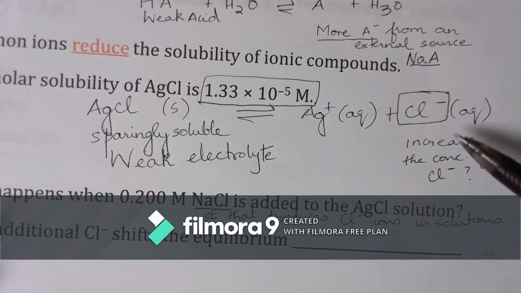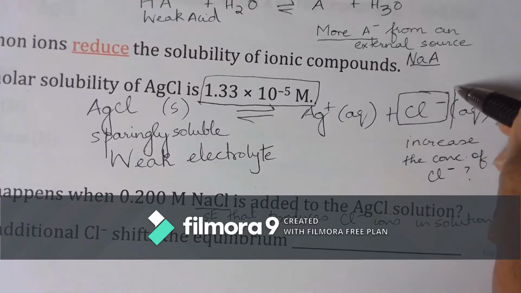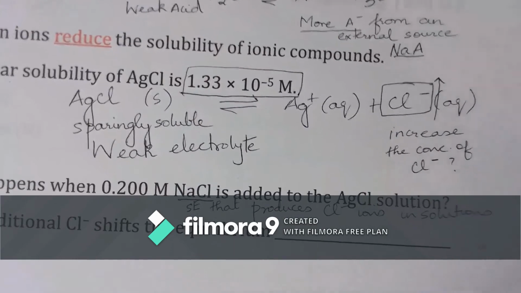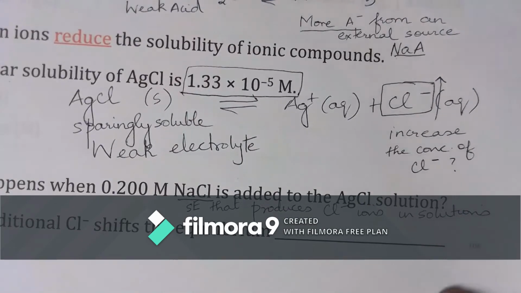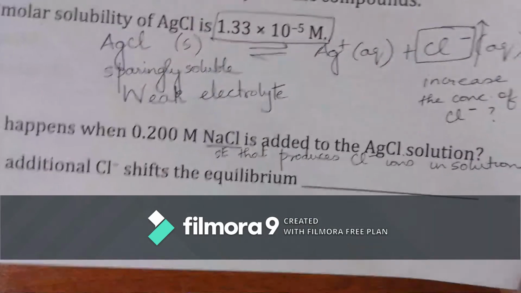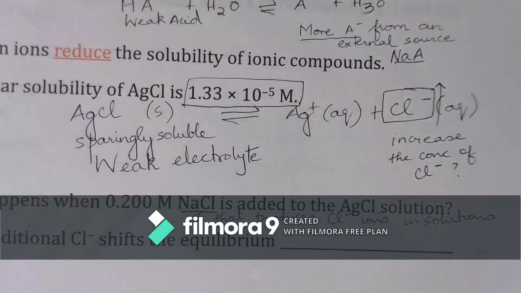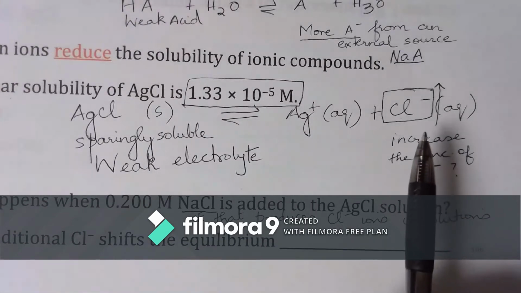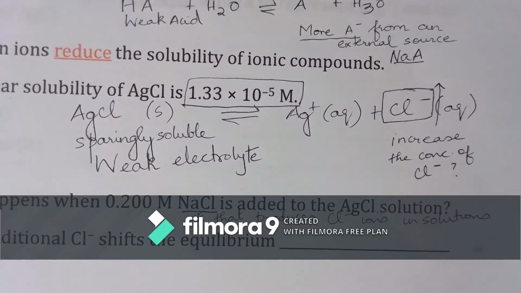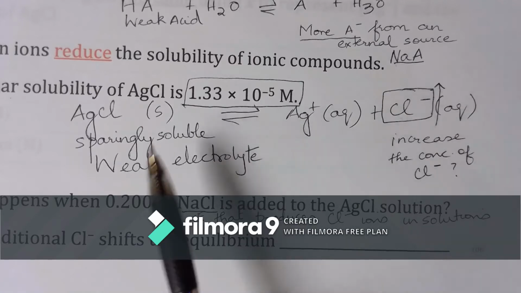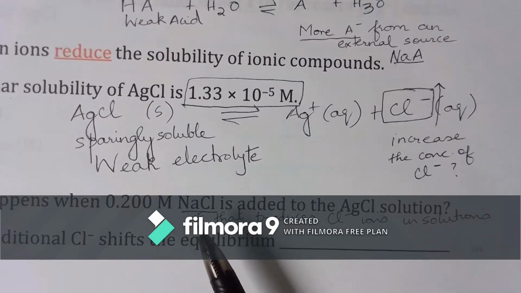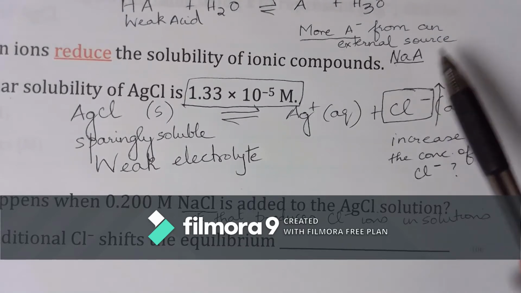So when you increase the amount of Cl minus here, additional Cl minus shifts the equilibrium. So think about it. You have this perfect equilibrium. You're going to apply a stress. Remember Le Chatelier's principle. How are you applying the stress? You're increasing the concentration of Cl minus. And how are you adding extra Cl minus? By adding 0.200 molar NaCl. Okay, so when you add that, this increases.